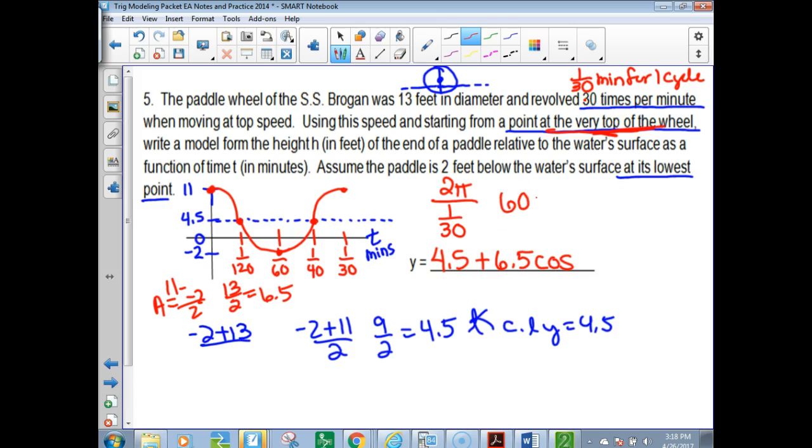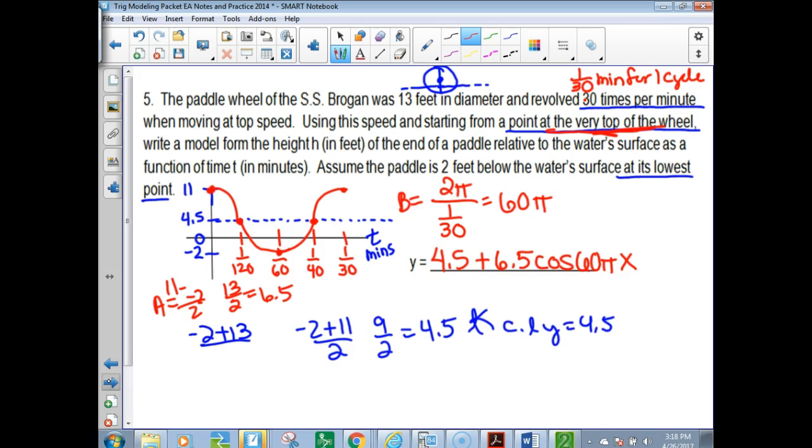So that's 60 pi times x. B is 60 pi. You guys are used to knowing that we're going to multiply by the reciprocal, right? Okay, we're good? Done, at least with that one.